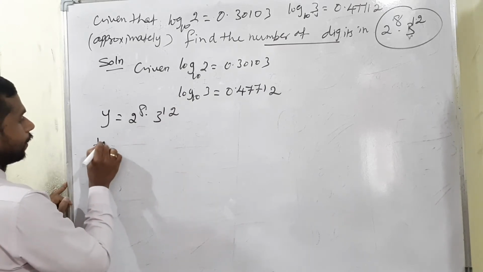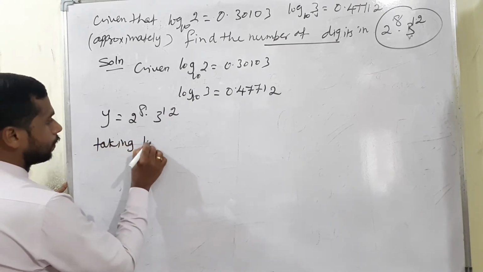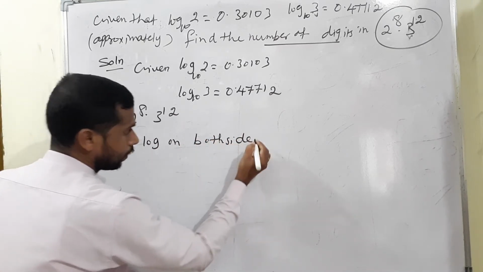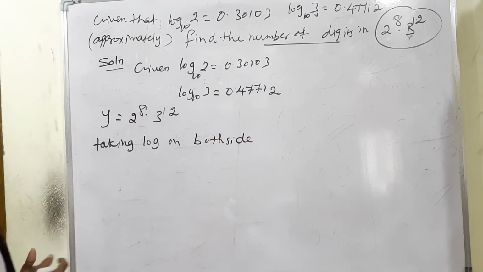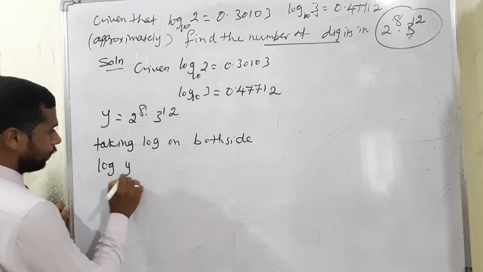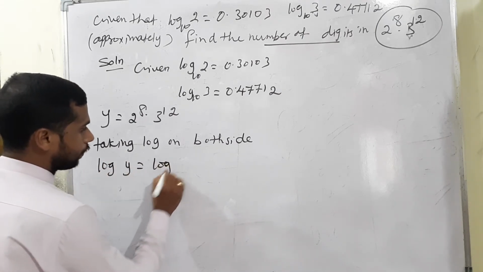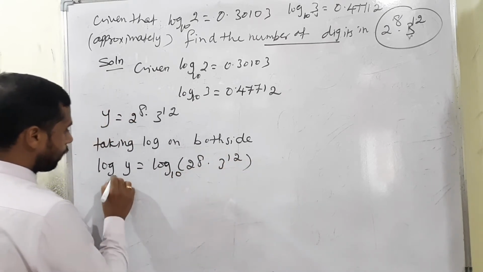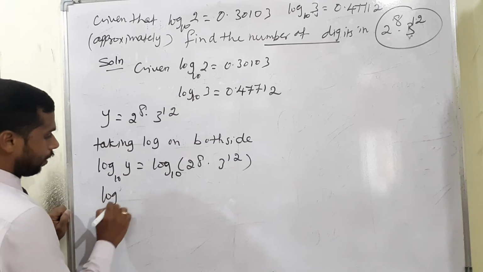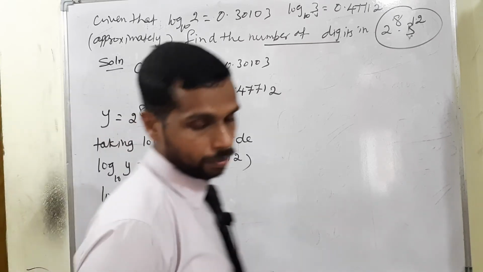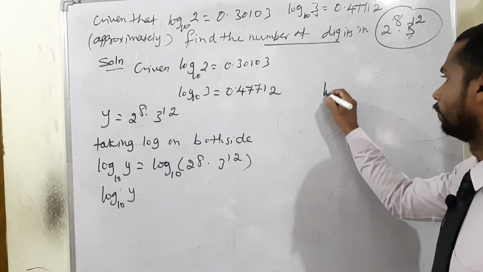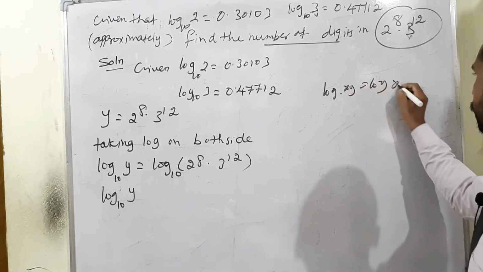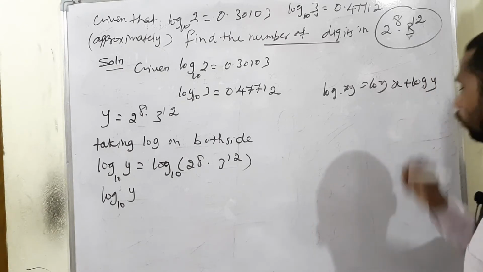Taking log on both sides. So log y is equal to log of 2 power 8 into 3 to the power 12. Taking common base 10. Now log y base 10 is equal to, already we know log xy, the multiplication means log x plus log y.